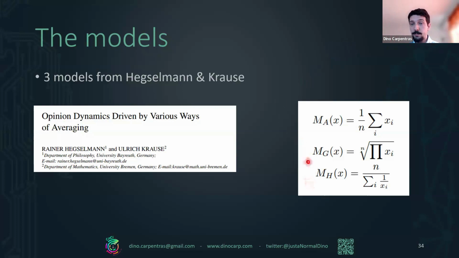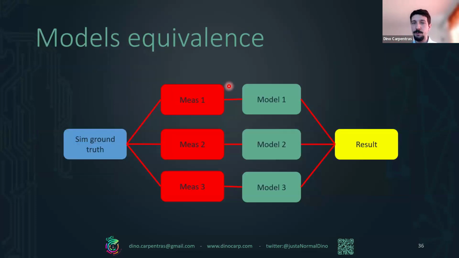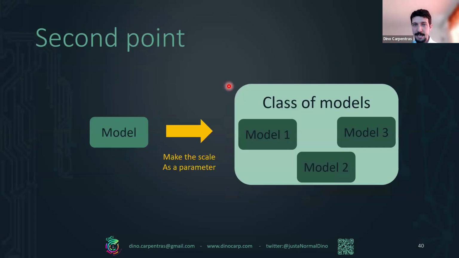Well, what we noticed was that there were these three models from Hegselmann and Krause, which have been defined in this article, where the authors studied these three models. But actually, these are the same model, just in three different spaces. So if you transform from one measurement space to the other, you can convert one model to the other. And we proved this mathematically, with simulations, etc.